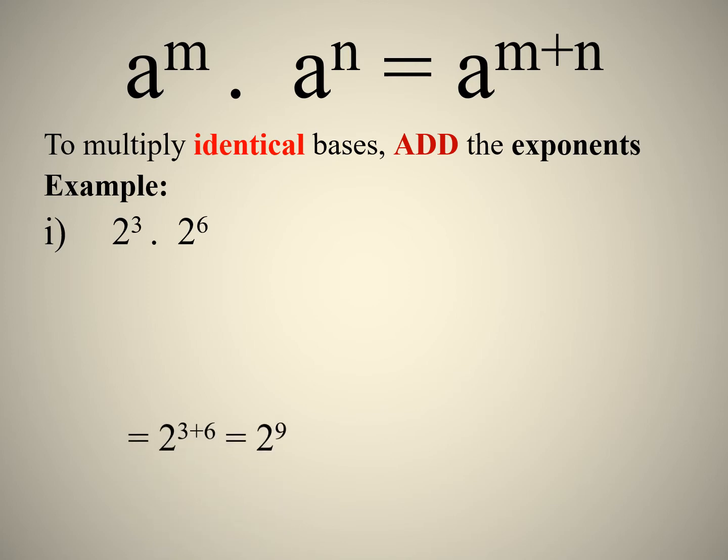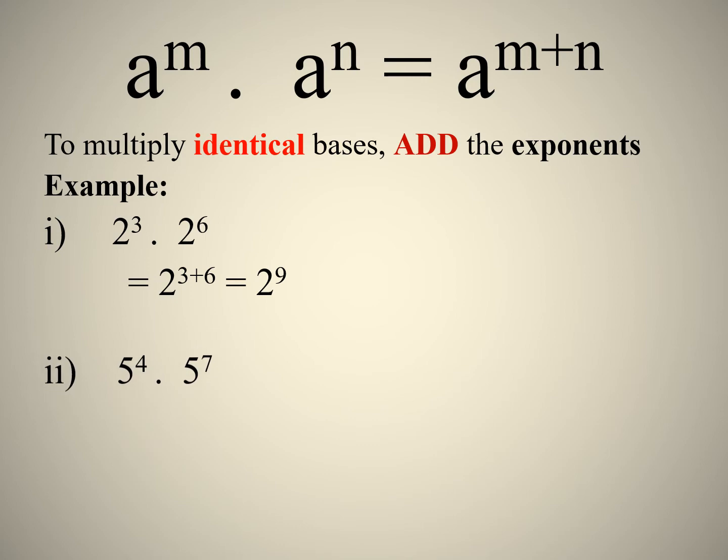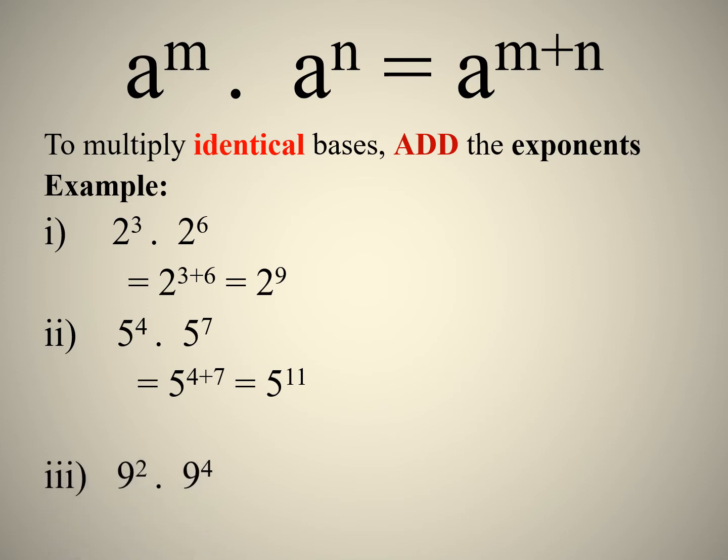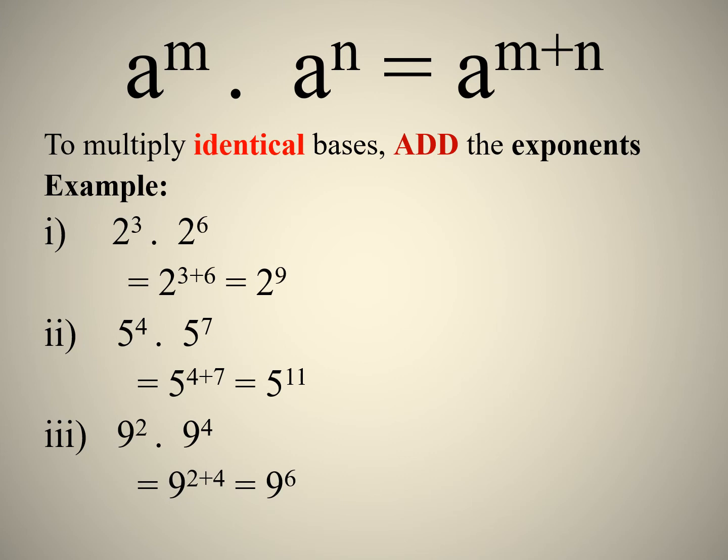So, 2 raised to 3 into 2 raised to 6 is equal to 2 raised to 3 plus 6 is equal to 2 raised to 9. 5 raised to 4 into 5 raised to 7 is equal to 5 raised to 4 plus 7 is equal to 5 raised to 11. The next example is 9 raised to 2 into 9 raised to 4 is equal to 9 raised to 2 plus 4 is equal to 9 raised to 6.